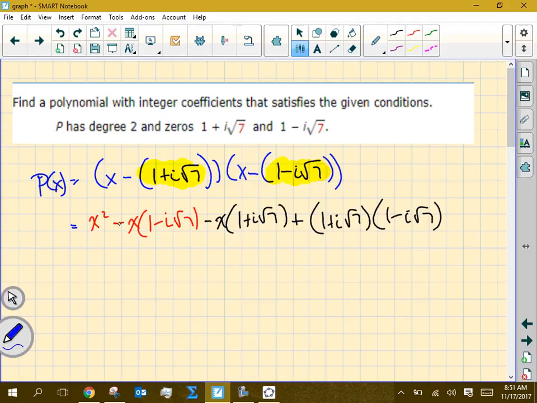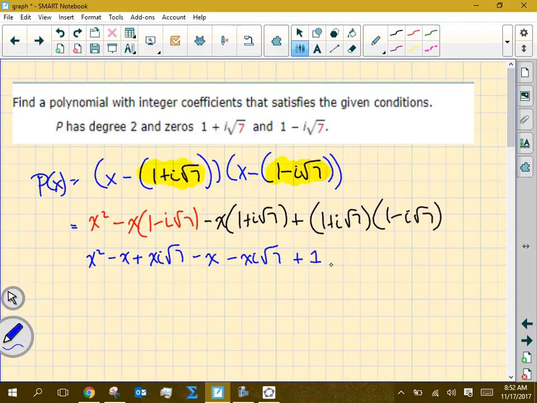Now let's just simplify. So I get x squared. I'll distribute my negative x, so negative x plus xi radical 7, minus then x minus xi radical 7, plus then over here, when I multiply these two things together, these two things are what to one another?